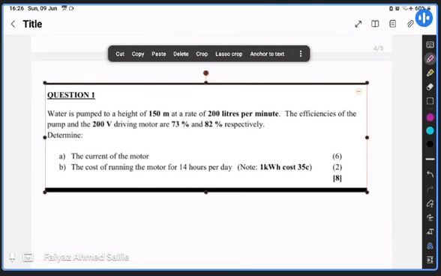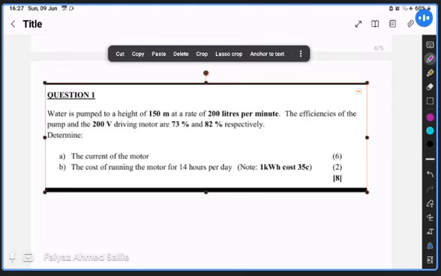So this was the question that he asked, and I think it's from which year is this one?